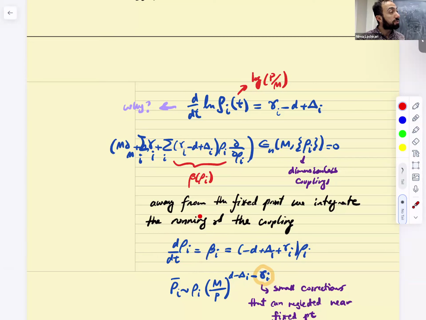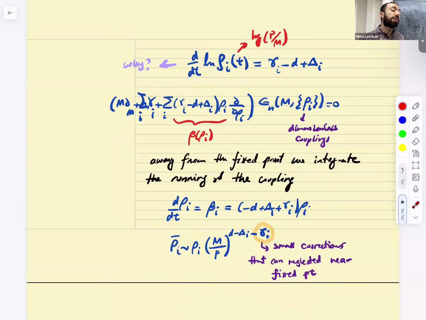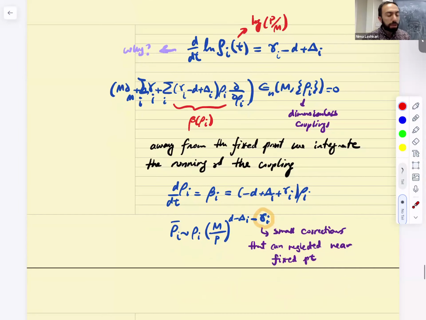You solve that and you find that rho_I bar, the bar is in the same notation as before, is rho_I times (M over p) to the power d minus delta_I minus gamma_I. This gamma_I is the anomalous dimension. Now, in perturbation theory, we said this gamma_I is small, so it could be neglected near a fixed point, but in principle, it's not.